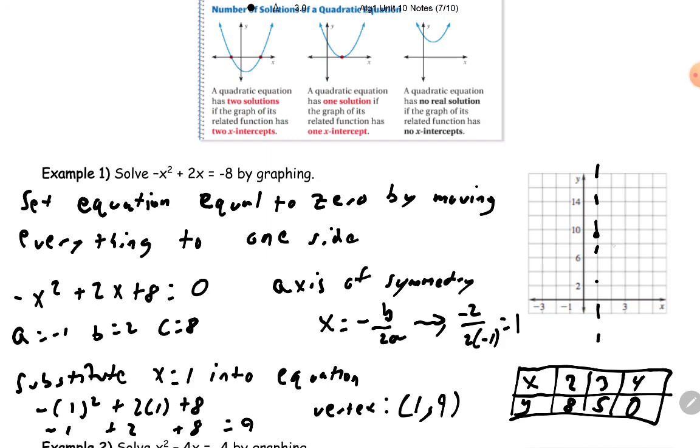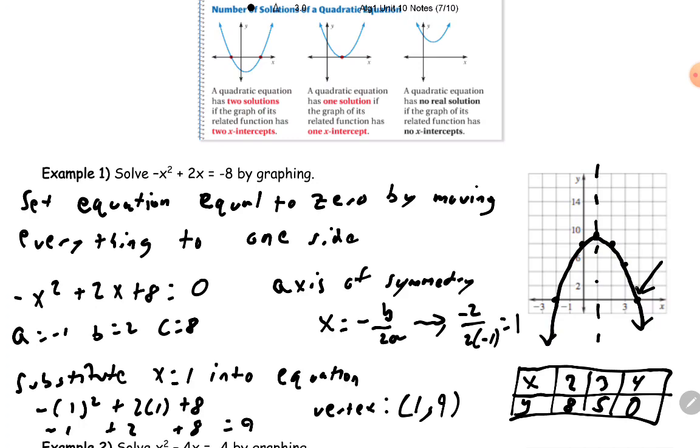If I mirror everything over, I will find the 2 points where it crosses the x-axis.